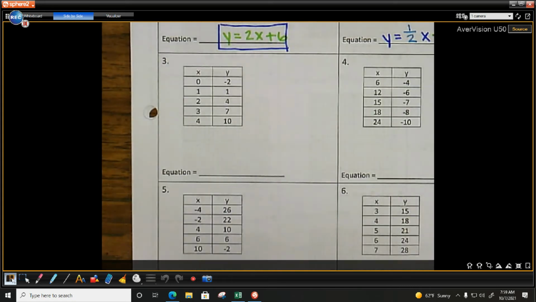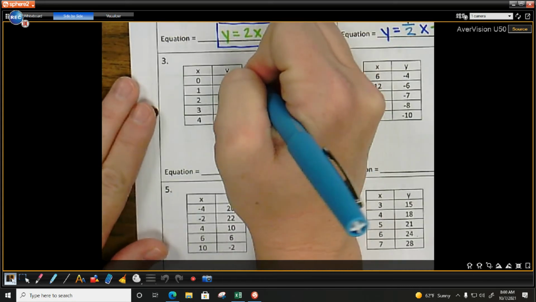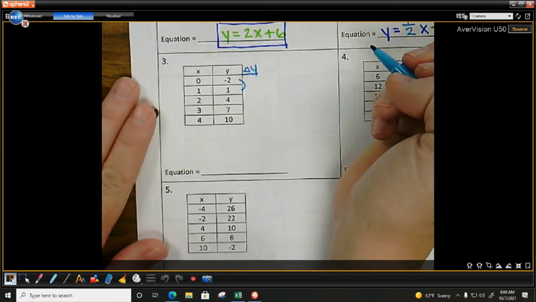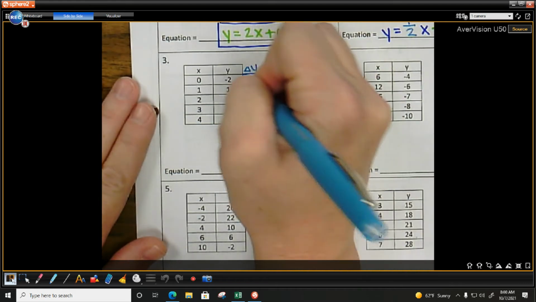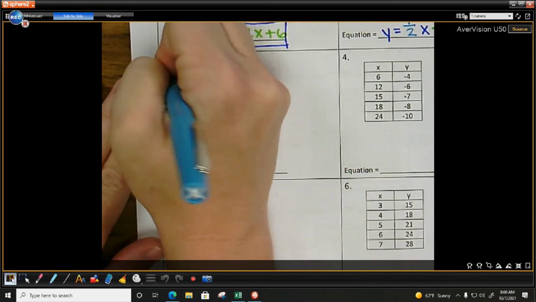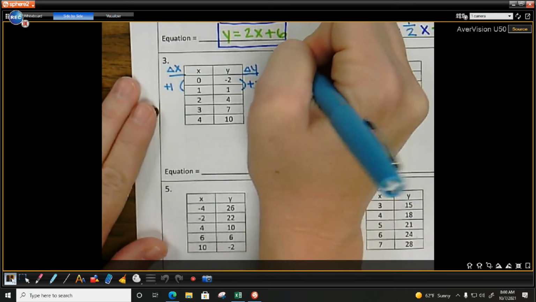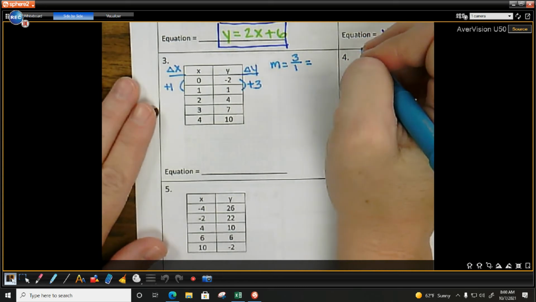Next, let's find our slope. Change in y is what? +3. Change in x is what? +1. So m is 3 over 1, which is 3.